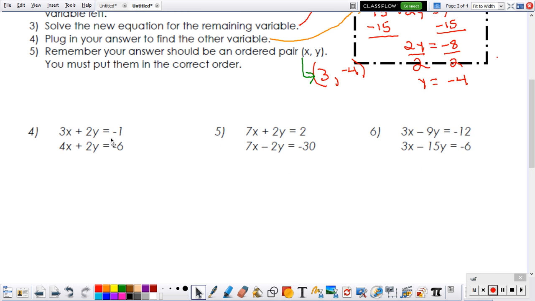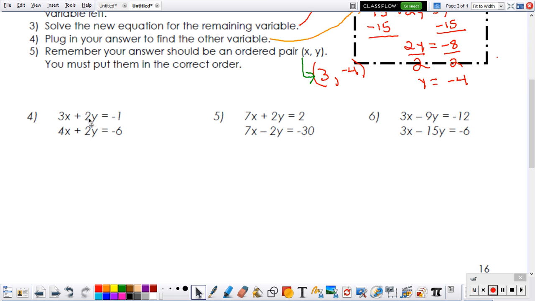So problem number 4 says 3x plus 2y equals negative 1. And underneath that, it says 4x plus 2y equals negative 6. What we're going to do is, again, examine the coefficients. Here we've got 3 and 4. Those are not the same. Here we've got 2 and 2. Those are the same. Here we've got negative 1 and negative 6.